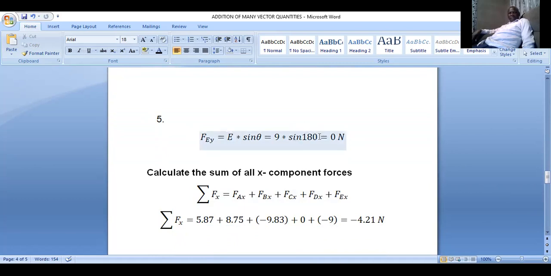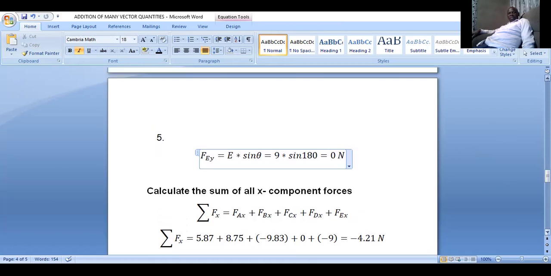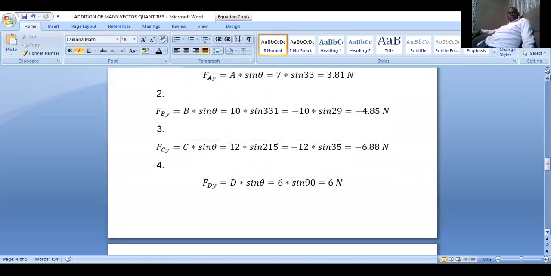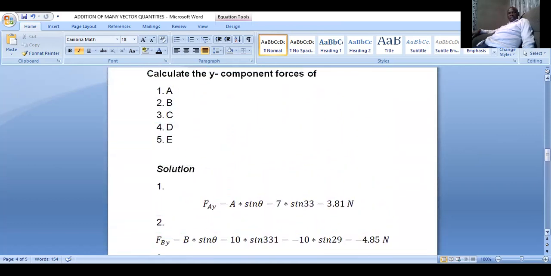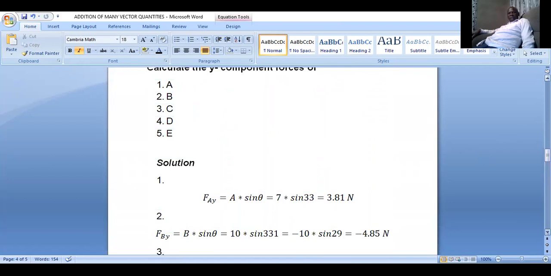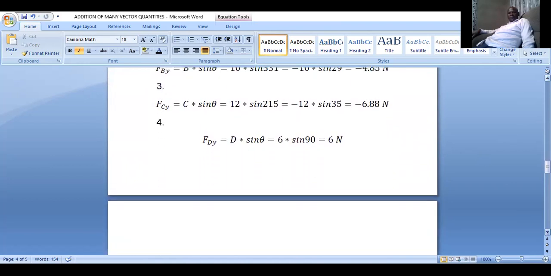And therefore the force component that we get is 0 newtons. And so here we have learned basic concepts of resolving forces in the x as well as the y components.